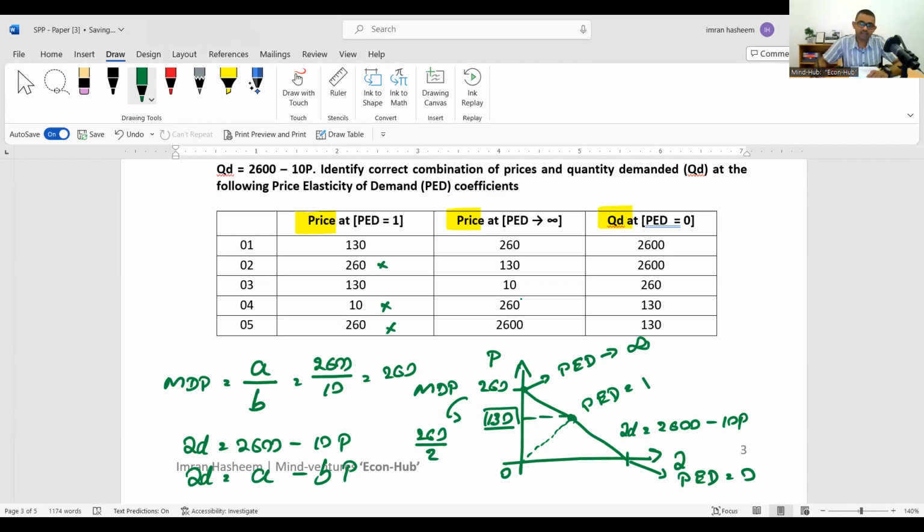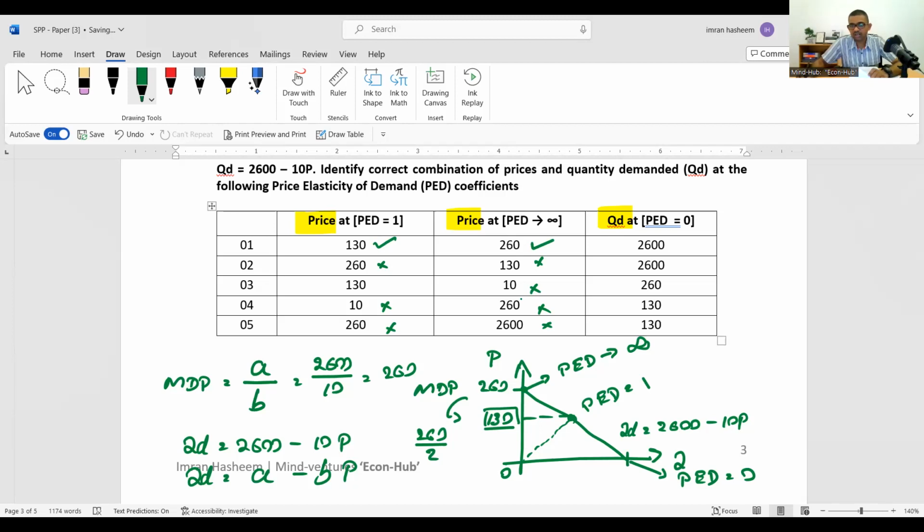Next, the price at infinity, which we have already found: 260, the maximum demand price. 130 and 260, only one. Here, this is also eliminated. It says 10, so all of these are eliminated now. Only one answer remaining, and that should be the correct answer.